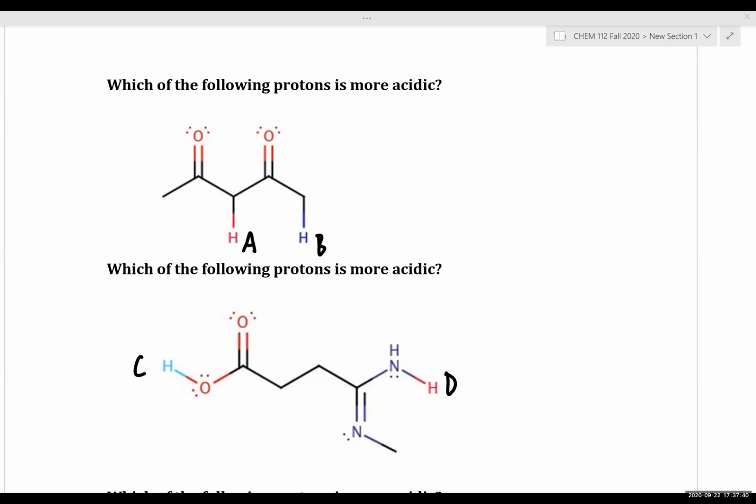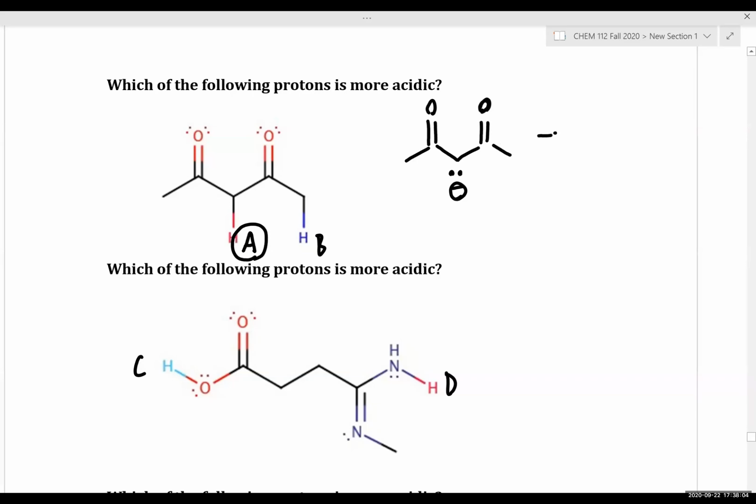So we have some responses in the chat. So let's take a look at these examples. If we compare proton A to proton B, we have the argument that proton A is more acidic on the basis of resonance effects. Well, if you're going to make that argument, it's important that you draw out your actual anion and check to see if it can be delocalized.